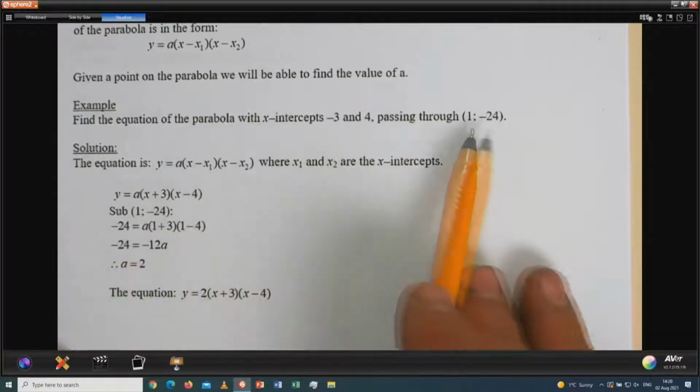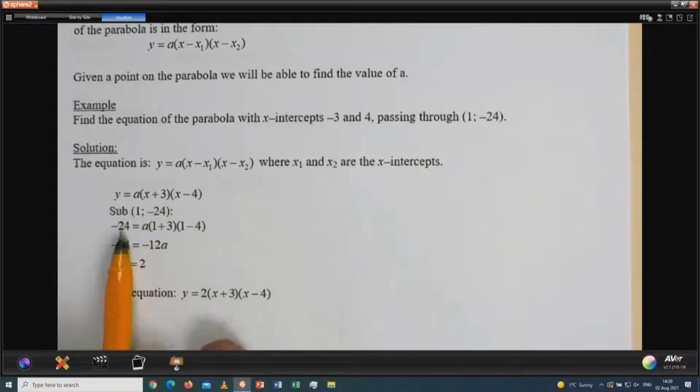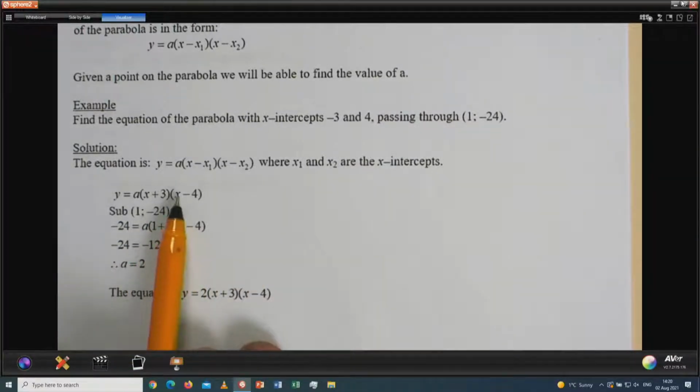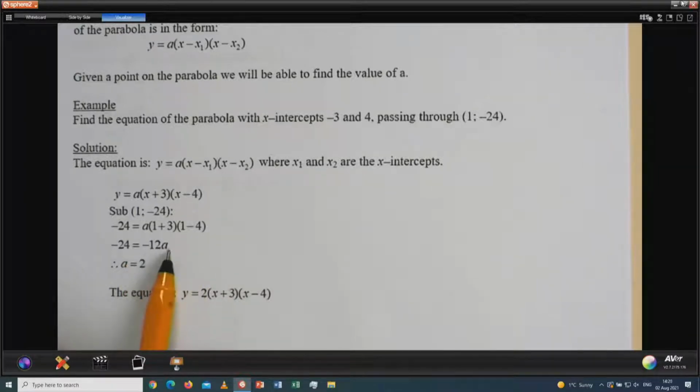Then I substitute the point it passes through, which is 1, negative 24. Y is negative 24, and x is 1. So 1 plus 3 is 4, 1 minus 4 is negative 3, 4 times negative 3 is negative 12, times a is negative 12a, and you solve for a. Divide both sides by negative 12, so a is 2.